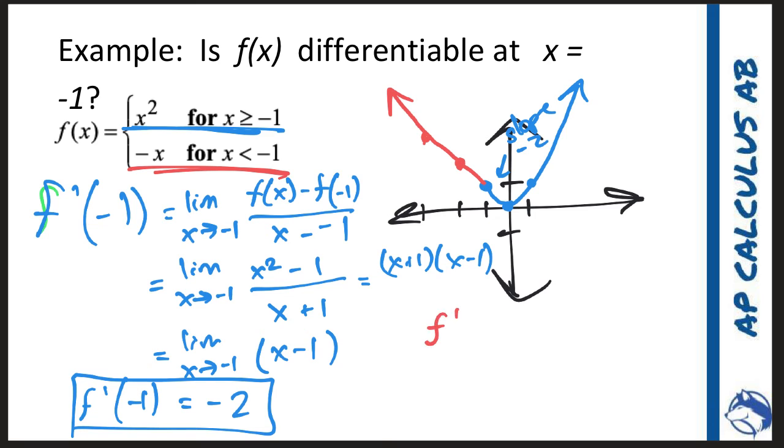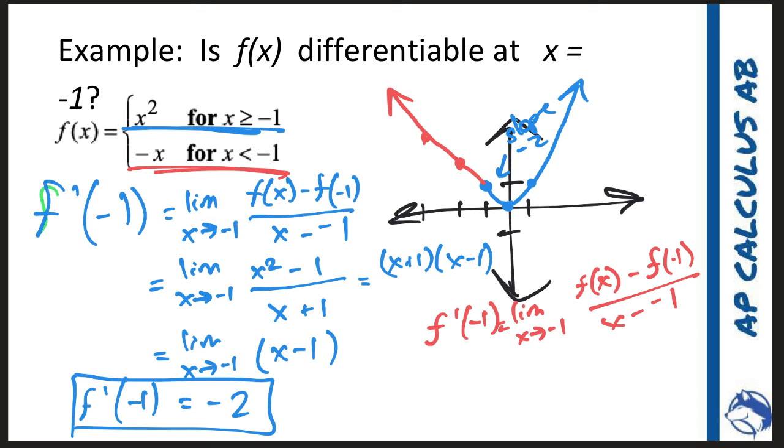So I'm going to do the f prime of -1 as the limit as x approaches -1. This time, it's going to be a little bit different here. It's going to be the same exact setup. So that's equal to the limit as x approaches -1 of f of x, which is now -x, minus f of -1, which is a +1, so minus my +1.